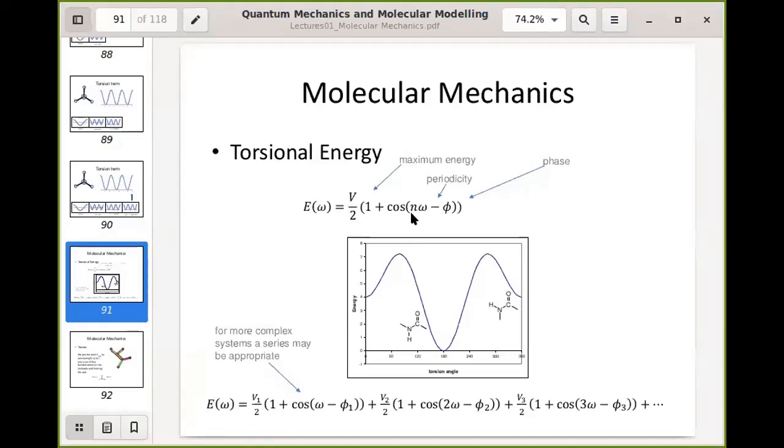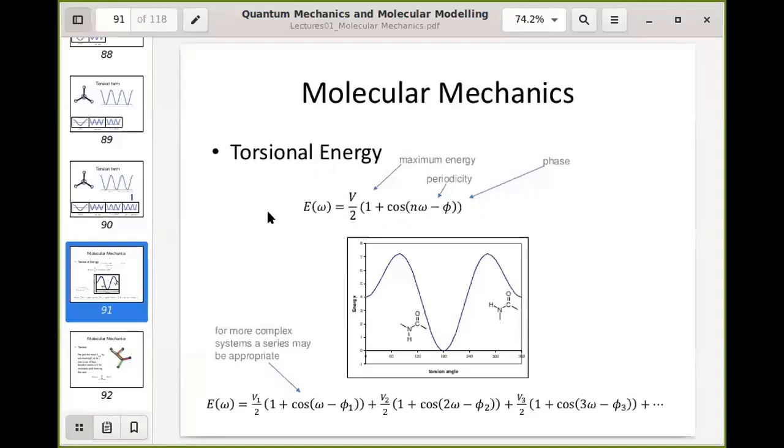If it's 3, you've got 3 maxima. We may have to include a phase to shift where the minimum is. And certainly, we have to do the 1 plus and the scaling to make sure that the maximum energy is not 2, but the maximum energy we want it to be.